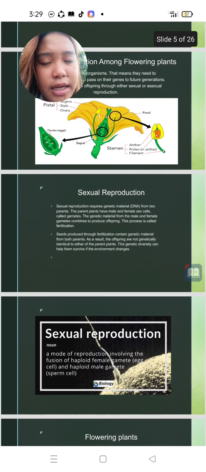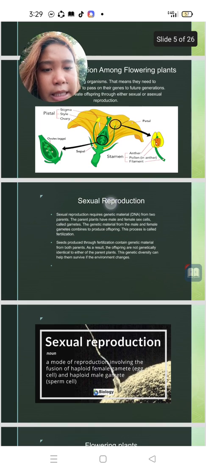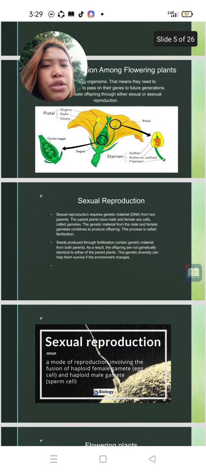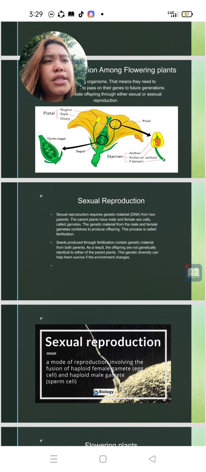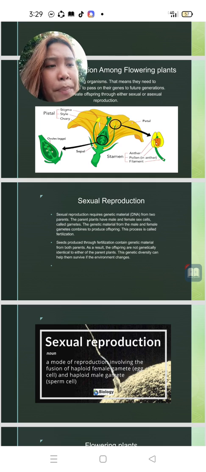Then on the left side we can see the ovules, which are eggs. Then the sepal. So in other words, flowering plants reproduce sexually through a process called pollination.